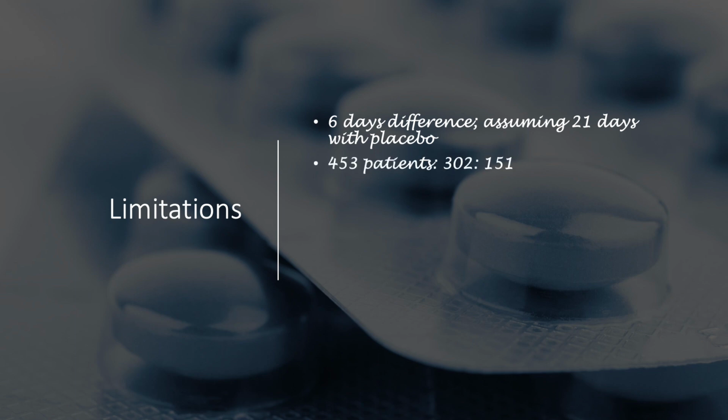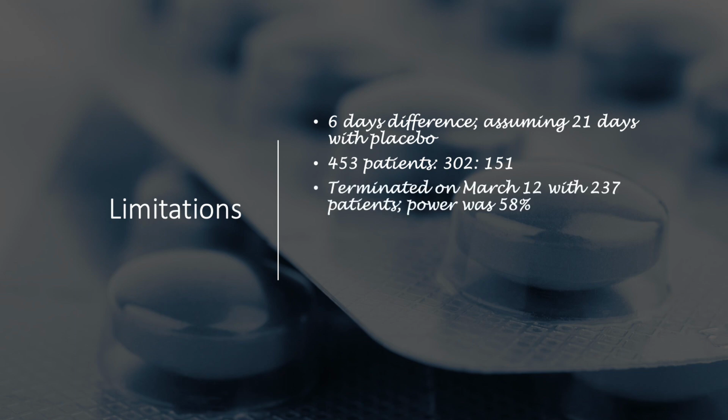But unfortunately, the study couldn't reach the projected power of 453 patients because by the time the study got through the halfway stage, the outbreak had died down in Wuhan and enrollment slackened at that point of time. So the study was terminated on March 12th with a power that was only 58% compared to the 80% that they had aimed for.